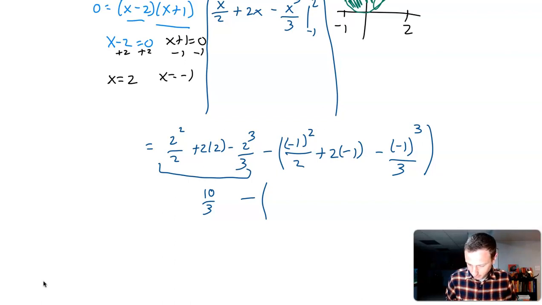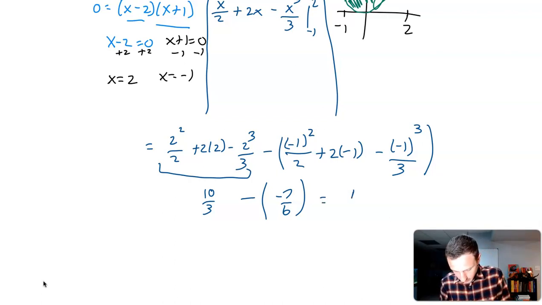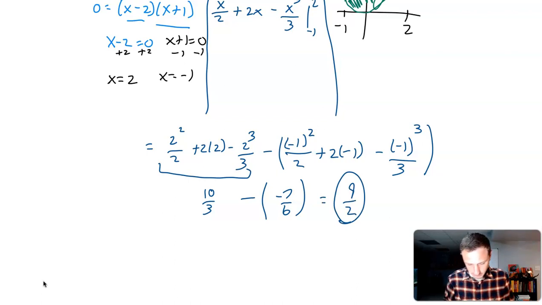You never know, if you mistype something and your calculator interprets it a little bit differently than what you typed in, it just becomes a mess. So just take your time with it, figure out your calculator. For this second part, you should get -7 over 6. So then we're just doing 10 over 3 minus that answer, and you get an answer of 9 over 2.